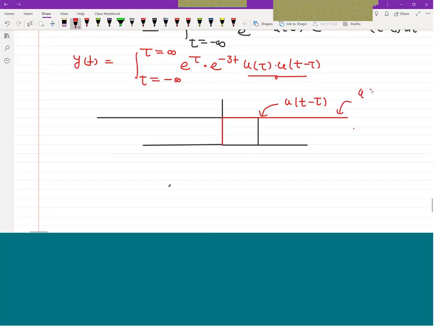This is u(tau). So what is the common area between these two functions? The common area is tau equal to 0 to tau equal to t.